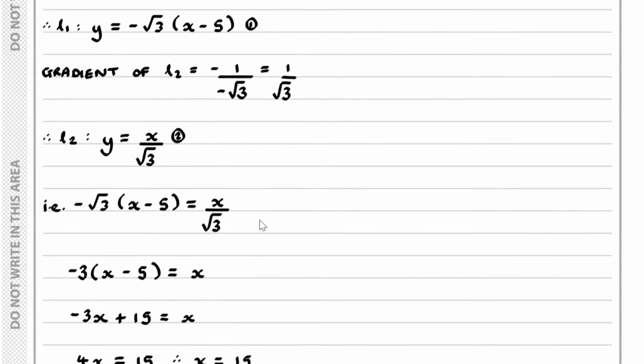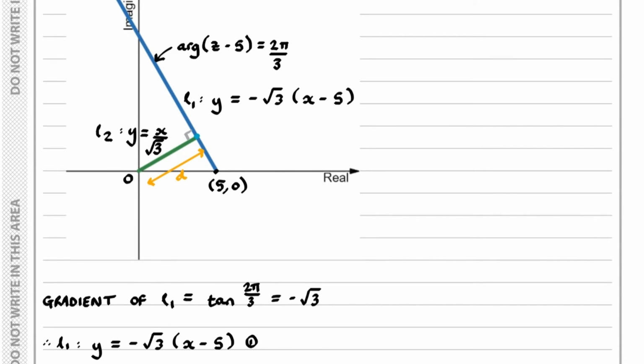So, if I add those coordinates in, I've got my x coordinate 15 over 4, and our y coordinate, which is 5 root 3 over 4.